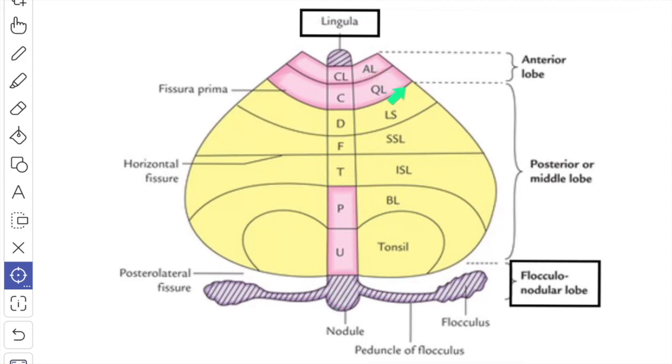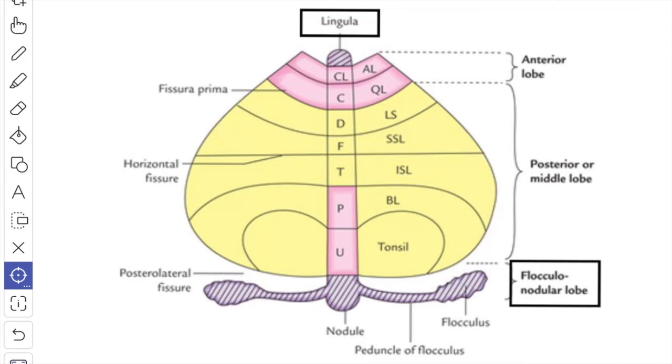The subdivisions in the cerebellar hemisphere are the ala, plural alae, then you have the quadrangular lobule, the lobulus simplex, the superior semilunar lobule, the inferior semilunar lobule, the biventral lobule, the tonsil and the flocculus. So this part forms the anterior lobe and this forms the posterior lobe and this is the flocculonodular lobe.